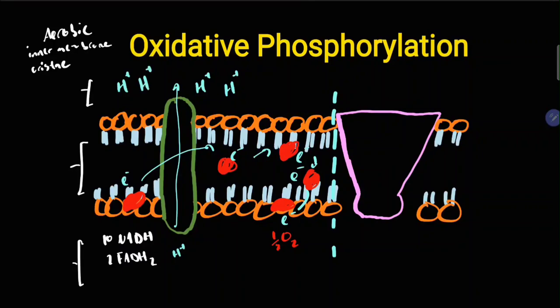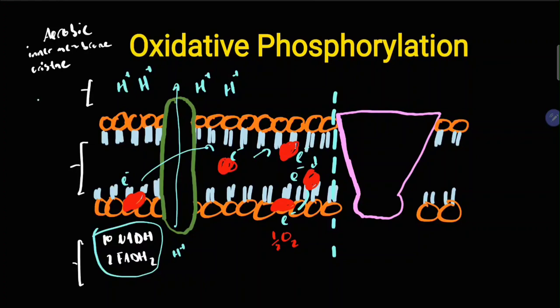And these are from the splitting of the hydrogen atoms of the electron carrier molecules down here, right? And they are being pumped into the intermembrane space of the mitochondrion, creating a gradient, as I said, with a lot of stored potential energy to do work. And this creates an acidic pH in the intermembrane space.